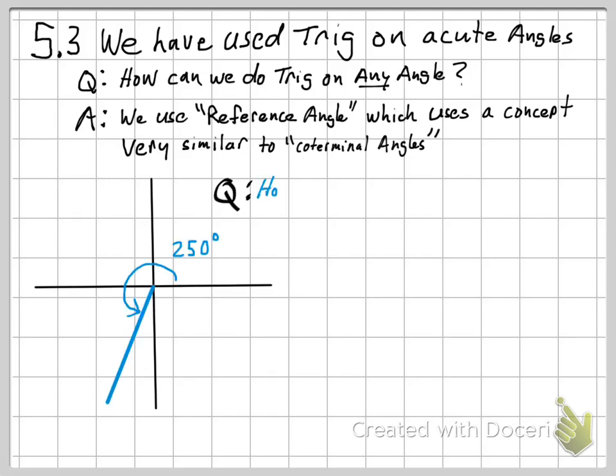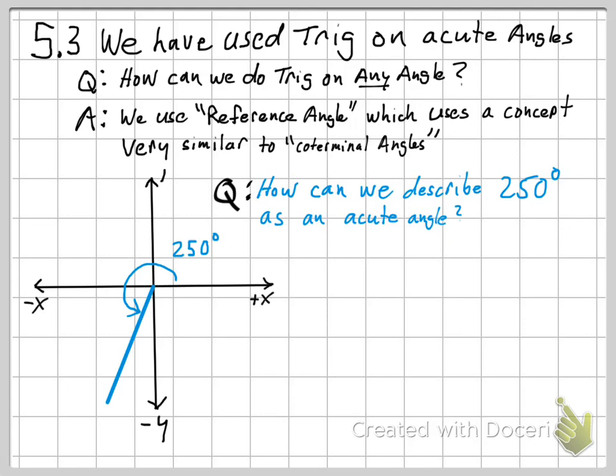All right, so this is a 250 degree angle, obviously obtuse, and so how can I describe this obtuse angle as an acute angle so I can do trigonometry on it? I cannot do trigonometry on an obtuse angle. Well, what I can do is describe this angle as something else.